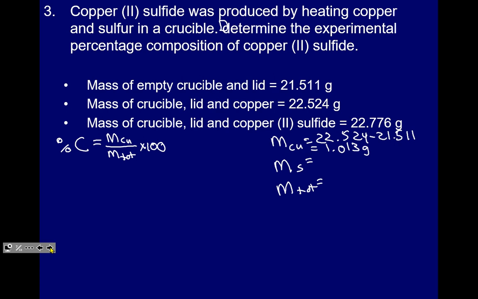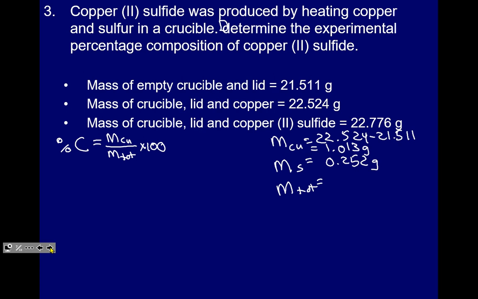Which one do you want to tell me next? They can be calculated in many different ways. What do you have? 0.252. How did you get that? What did you do? With just the copper itself?